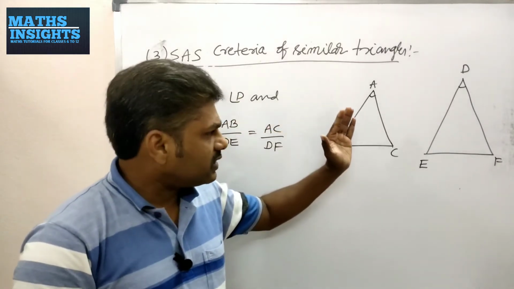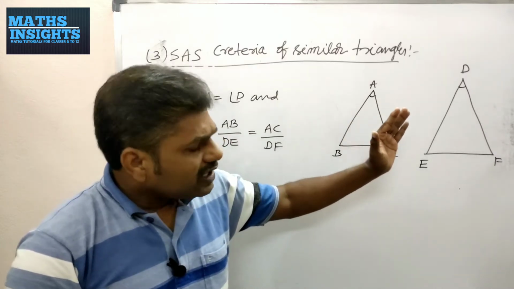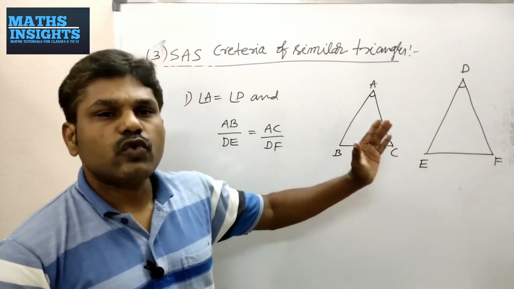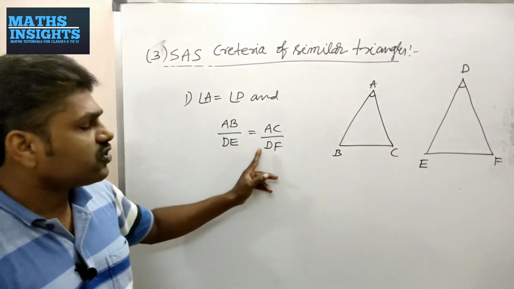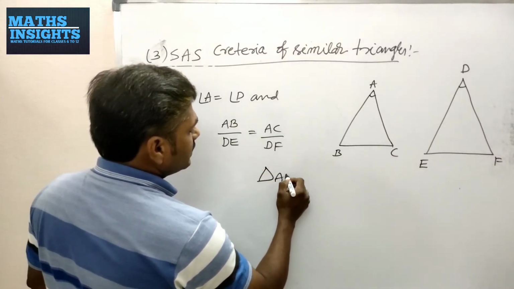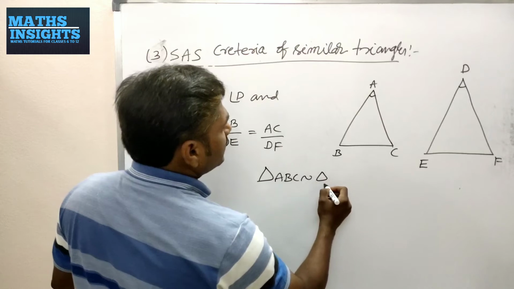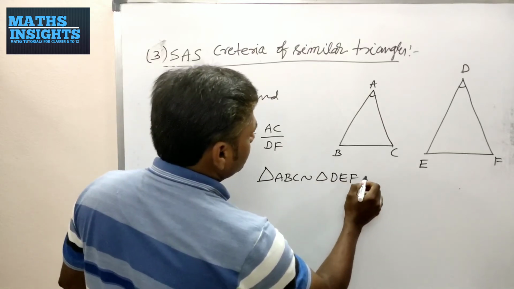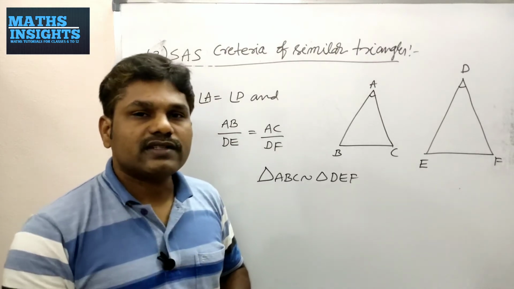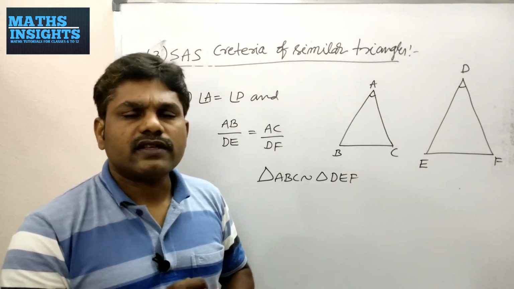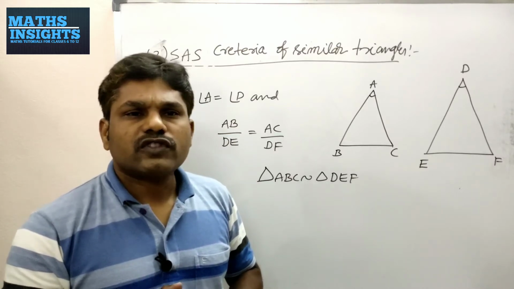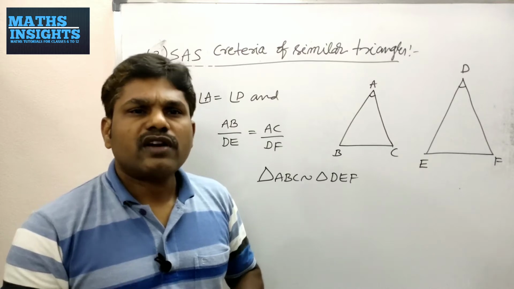One angle of the first triangle is equal to the corresponding angle of the second triangle, and the sides which include this angle are in proportion. Then we say that triangle ABC is similar to triangle DEF. These are the main criteria to say that two triangles are similar. Basing on this, we will solve important problems. Then these concepts will become very simple and very easy.